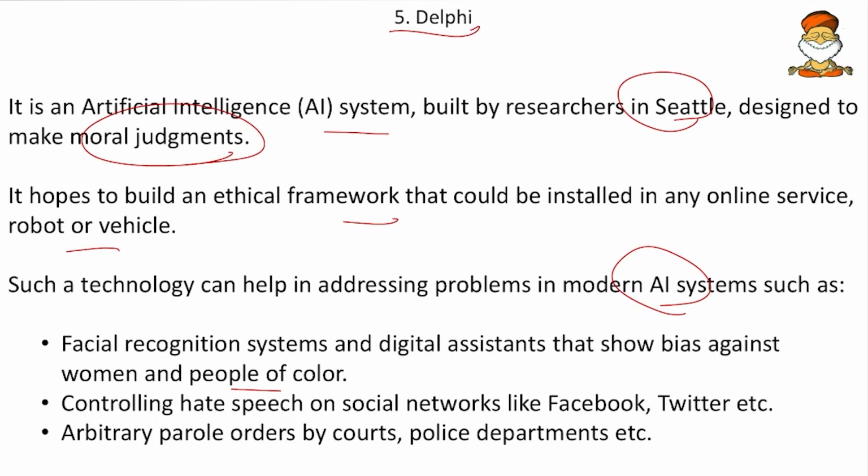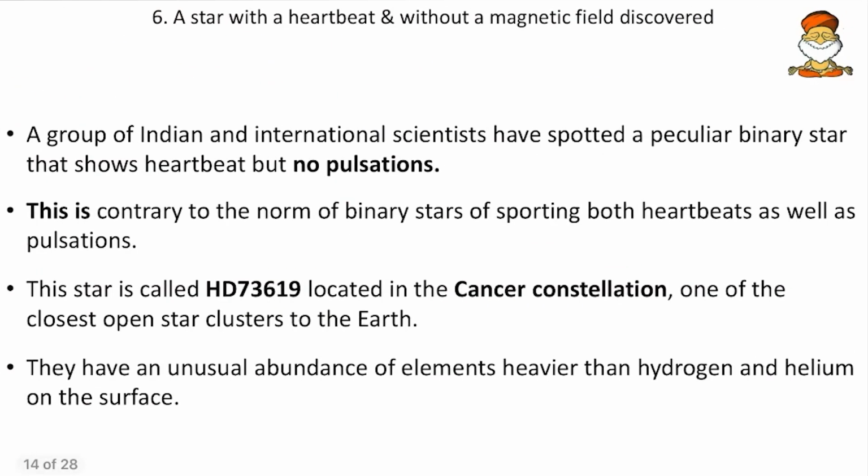And controlling hate speech on social networks like Facebook and Twitter, so artificial intelligence will be searching, and if someone is posting controversial news and hate speeches, that will be curbed in real time. Then arbitrary parole orders by courts, police departments, etc. So if there are any arbitrary decisions going on, Delphi can stop that. So remember, artificial intelligence ethics is the Delphi technique.